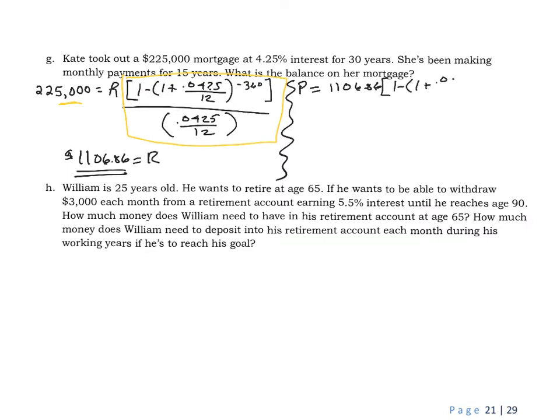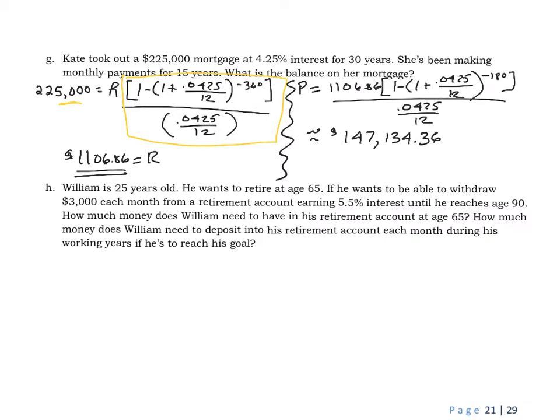I'll be quiet because you have all of this to the left except for this time it's going to be the minus and then 15 times 12, so we would expect negative 180. Okay, so when we type this in our calculator, that'll be $147,134.36.